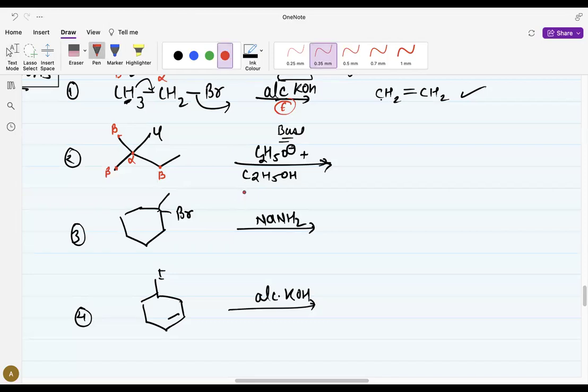So let's say I have to remove hydrogen from any of the beta hydrogens. Let's say I remove from here. Our first product will be this one.